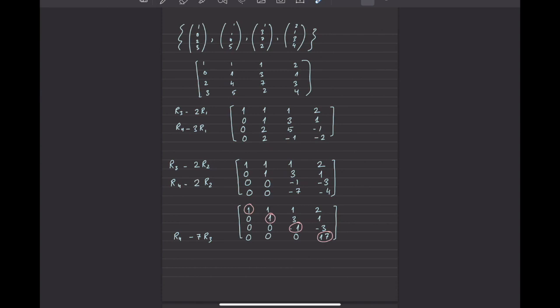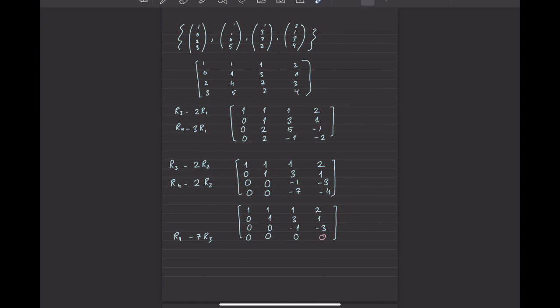Now, for instance, let's say that you had done the row reduction, but you had gotten the last number as 0. That means only the first three columns contain the pivot variables, so you would only pick the first three vectors as your basis vectors.